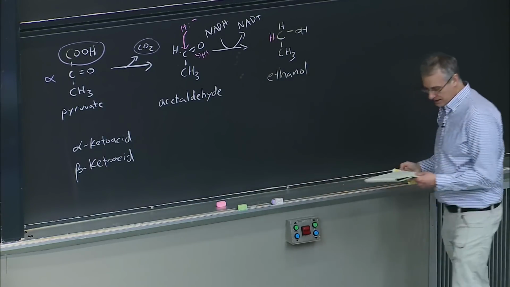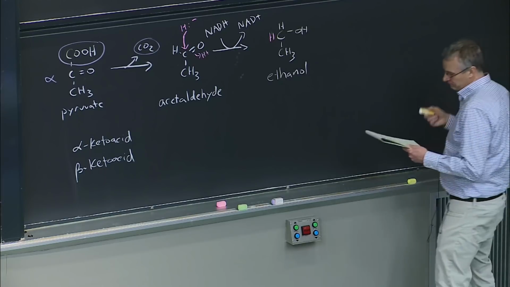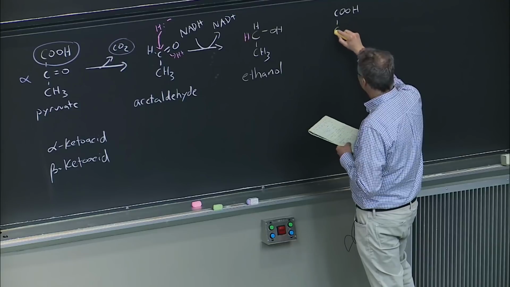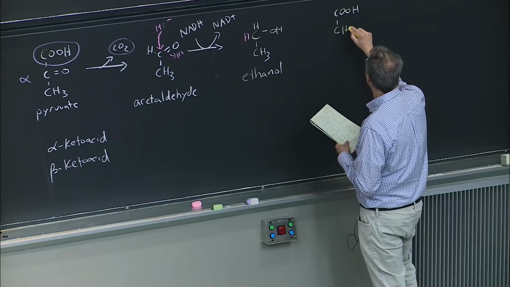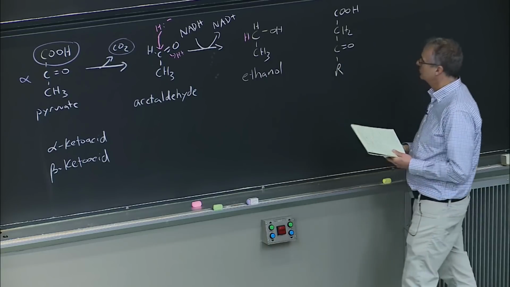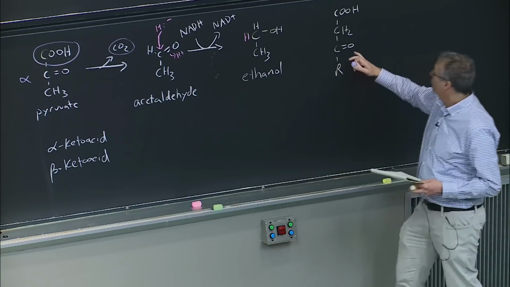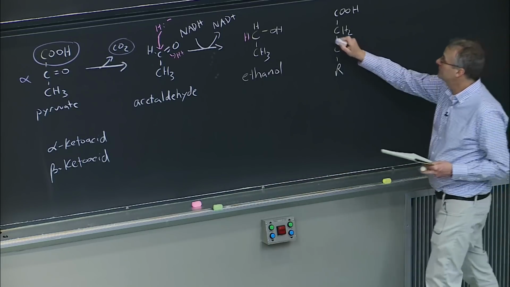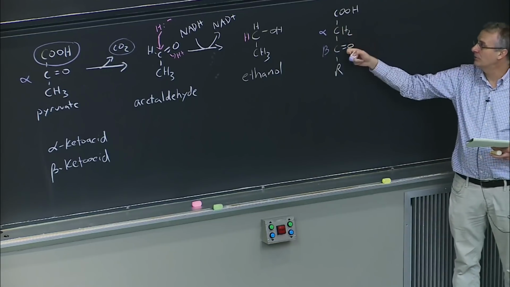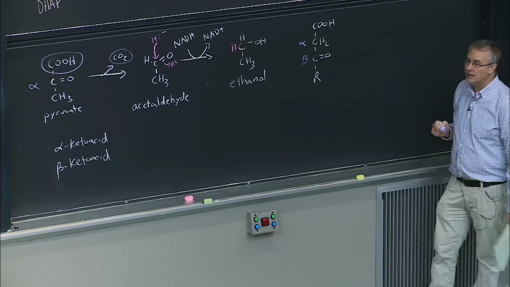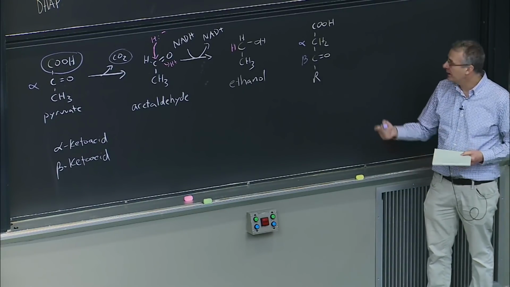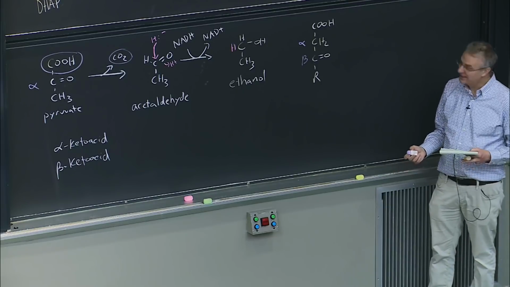This would be in contrast to this molecule, which I'll just draw with a generic R group, where here the ketone is beta to the carboxylic acid, alpha, beta. So pyruvate is an alpha keto acid. This here is a generic beta keto acid.